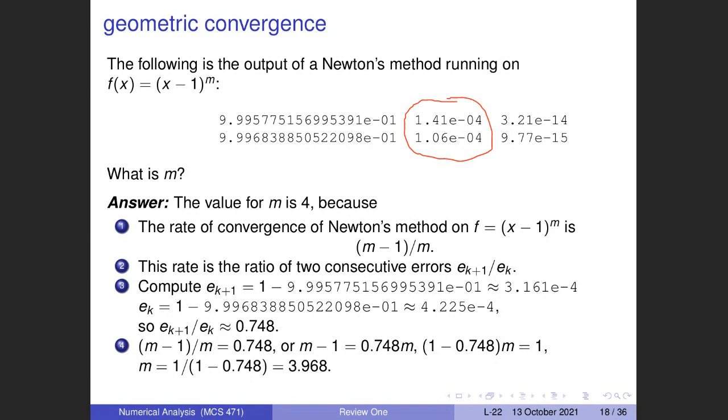But here I use the actual error, computed by taking the difference with the exact root. And you see they have the same exponents, and we have the 3 over 4 coming in. And that allows me to justify the answer m equals 4.